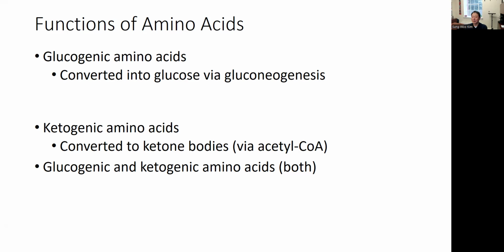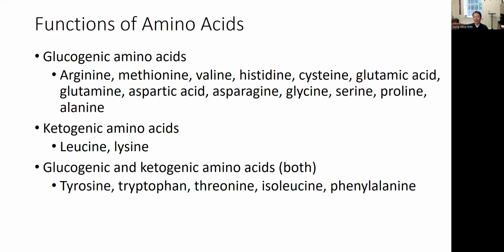About five of them can be either glucogenic or ketogenic, so they have dual properties and can become both glucose or ketone bodies. So if I show you what they are.